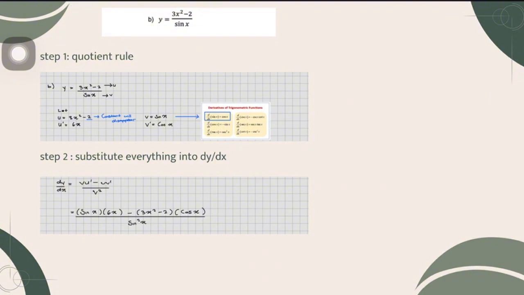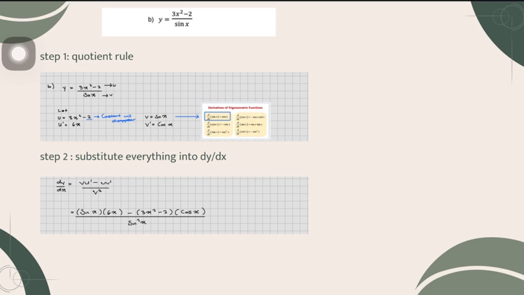Same as before, let u equal 3x^2 minus 2, and u prime will be 6x, because the 2 is a constant and the constant disappears, so 3 multiplied by 2 gives 6x. For v, it will be sin x. Same as before, we use the derivative of a trigonometric function, and then v prime will be cos x.